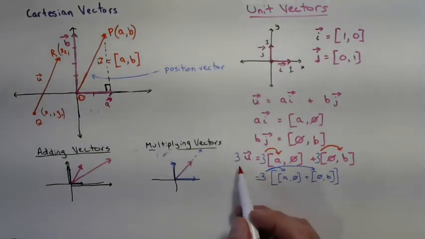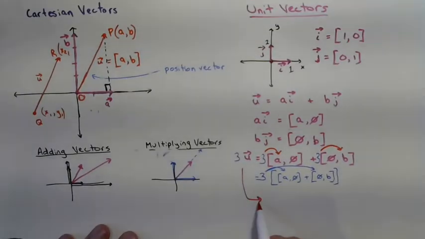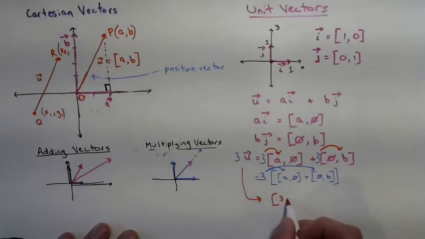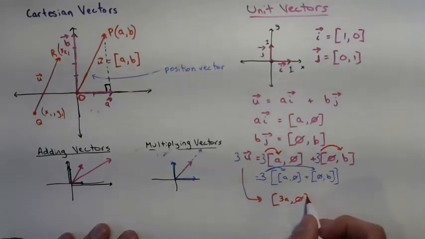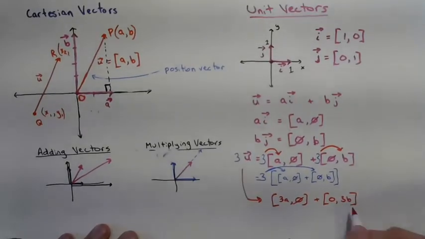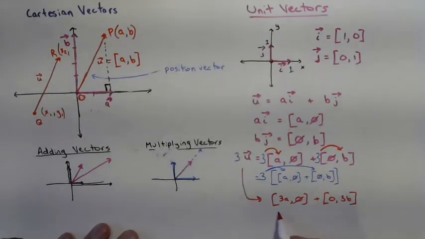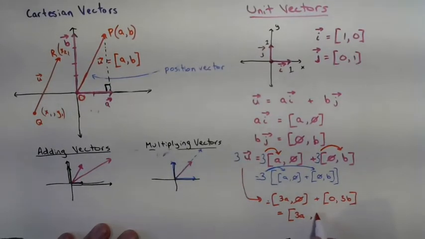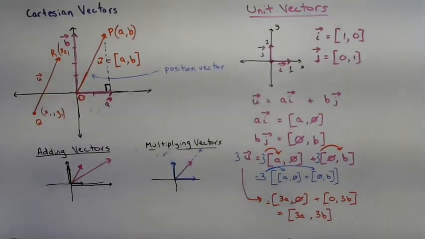If we did 3u, we would end up with the vector <3a, 0> plus <0, 3b>. And then we could put that together, and that would be the vector <3a, 3b>.